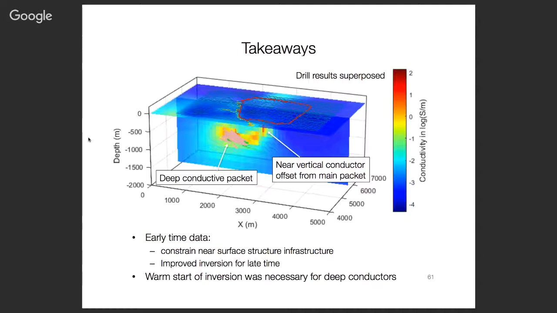And also, you've got really poor station spacing. So you've got all kinds of things that you really don't know about. But now you come along and you do something that fills that in, and you use that as the starting point. That would actually help a lot in the inversion of the magnetotelluric data. And yeah, the warp start was necessary for some deep conductors.